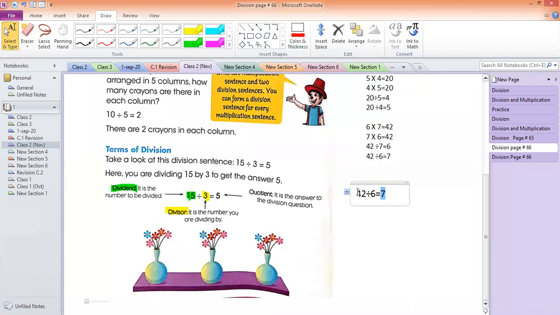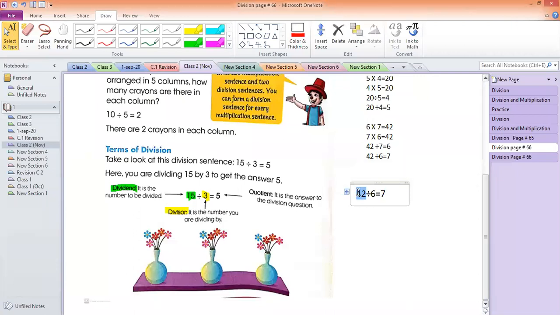Let's suppose you have 42 books in total and you want to share them with 6 children equally. You divide 42 by 6 and get 7, so every child will get 7 books.